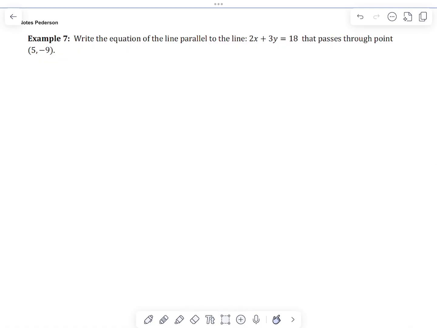Example 7, write the equation of a line that is parallel to this equation and passes through this point. So what we do first is we need to find out what this equation's slope is. We're going to convert this to slope-intercept form.